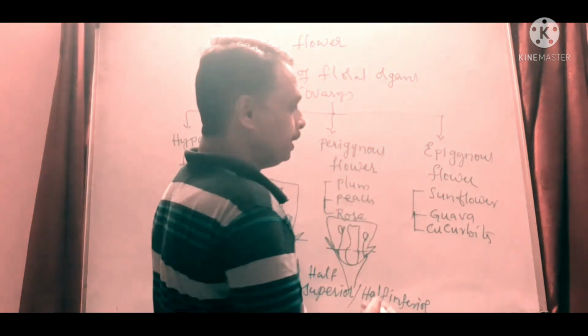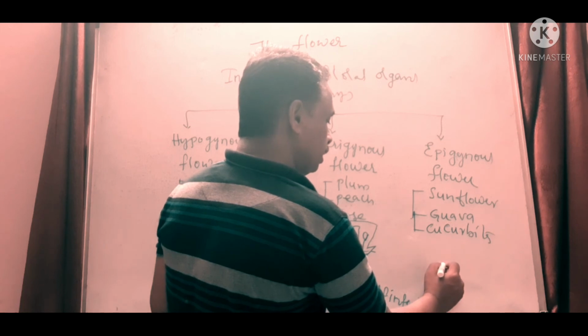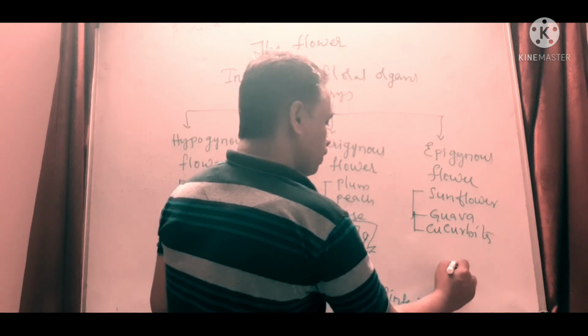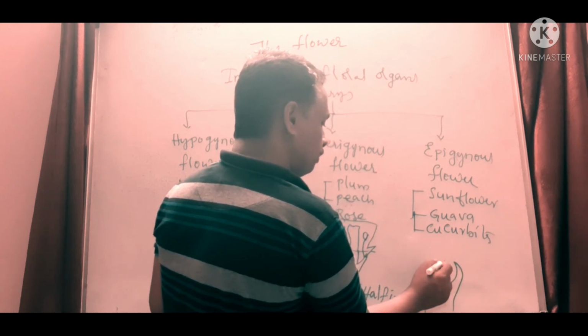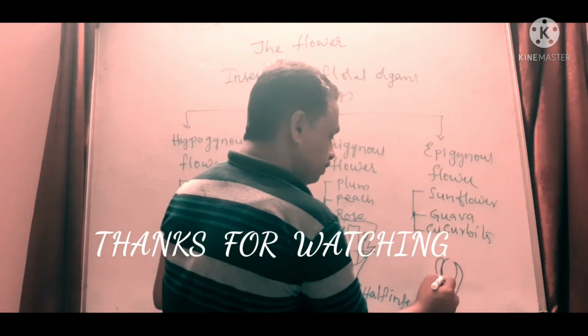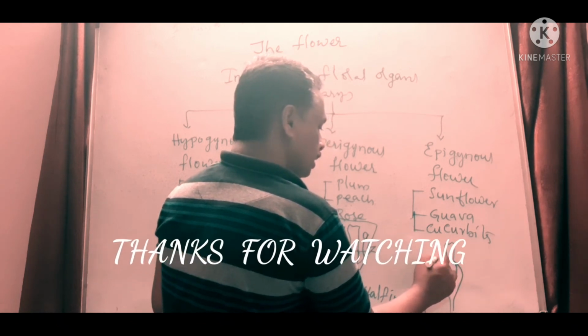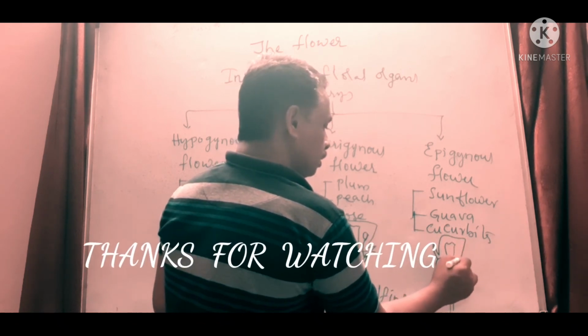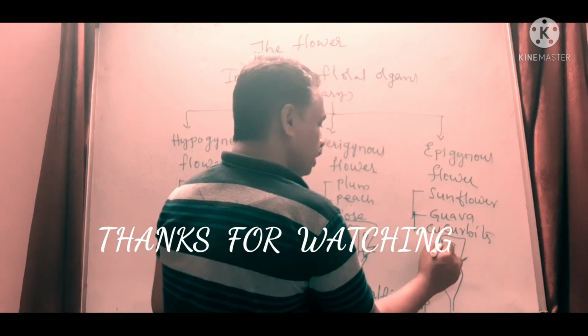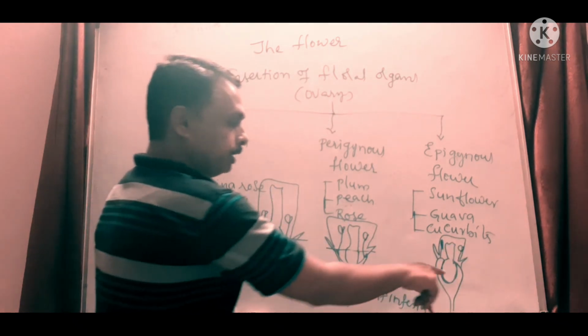And epigynous flower means the thalamus forms a deep cup shaped structure. Within this deep cup shaped structure, the ovary is completely inside, and the other floral organs occupy a superior position. Other floral organs are superior, the ovary is completely inferior.